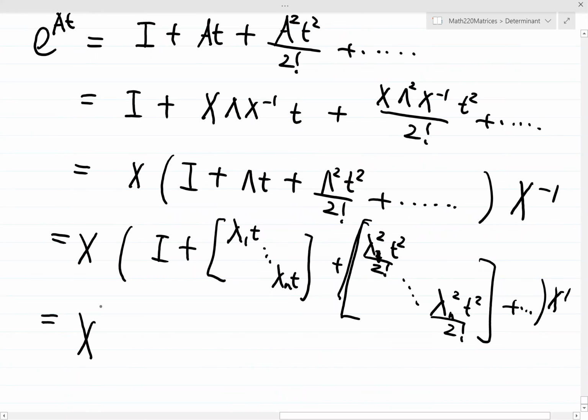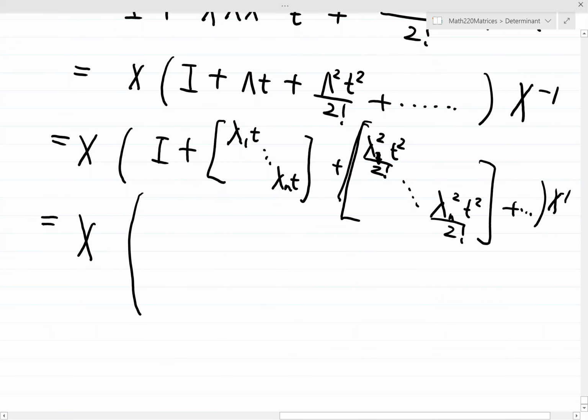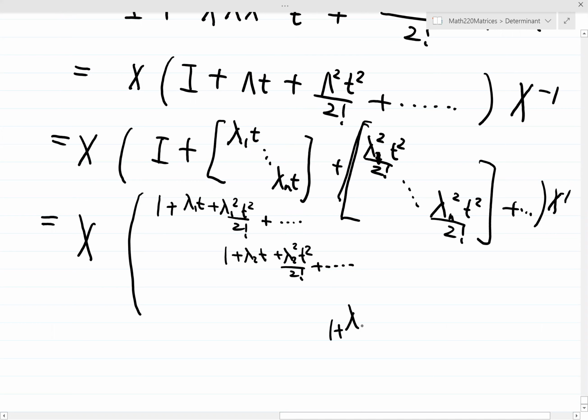So the sum of the matrices in the parentheses is diagonal: the first entry is 1 plus lambda 1 t plus lambda 1 squared t squared over 2 factorial plus etc., the second entry is 1 plus lambda 2 t plus lambda 2 squared t squared over 2 factorial plus etc., and the last entry is 1 plus lambda n t plus lambda n squared t squared over 2 factorial plus etc., then X inverse.